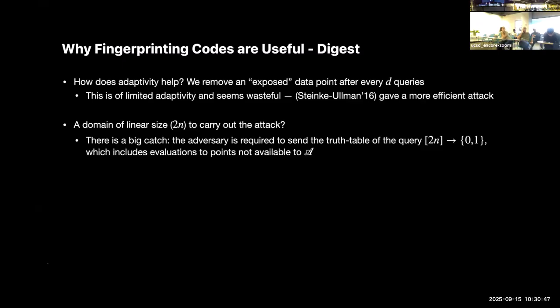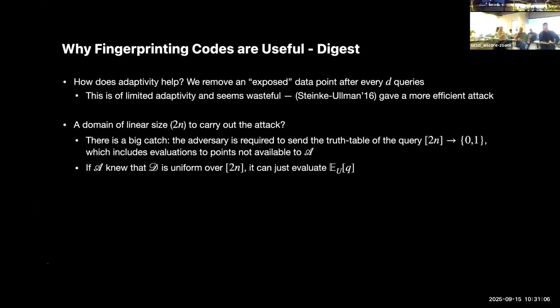The adversary is actually required to send the truth table of the full query, which includes evaluations on points not available to the algorithm. Then what would happen is, if your algorithm knew the ground truth is just uniform over 2 times n, and it also gets to see the truth table of the query map, you can just evaluate the query pretending you have the distribution D, and you can do that even without looking at your data points.